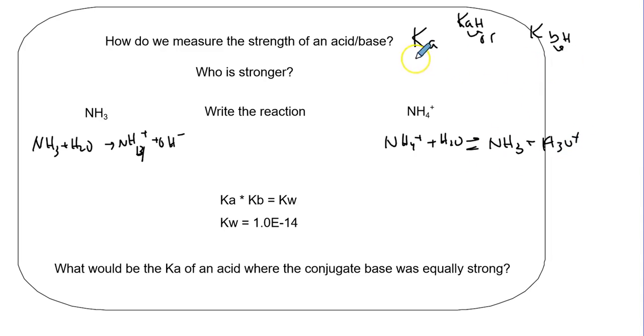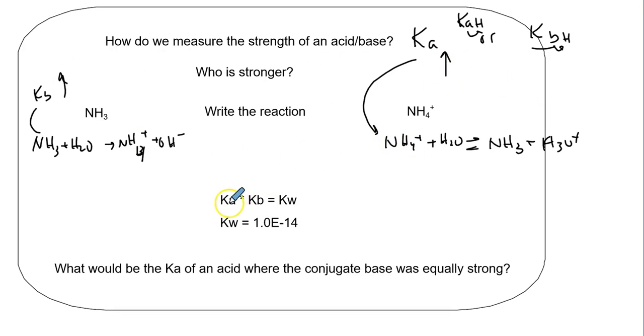This is the reaction that the acid Ka will measure. This is the reaction that the base, Kb, will measure. And whichever value is larger means who's stronger. Very close, but that's it.